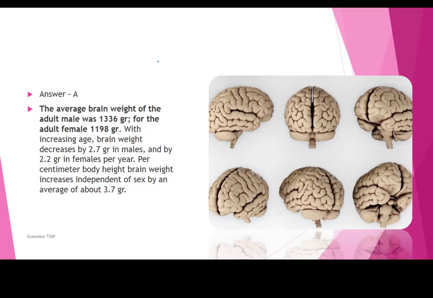Per centimeter of body height, brain weight increases by about 3.7 grams, depending on sex. This is the scenario of the weight of the brain. The picture shows the fundamental view of the brain of both male and female.